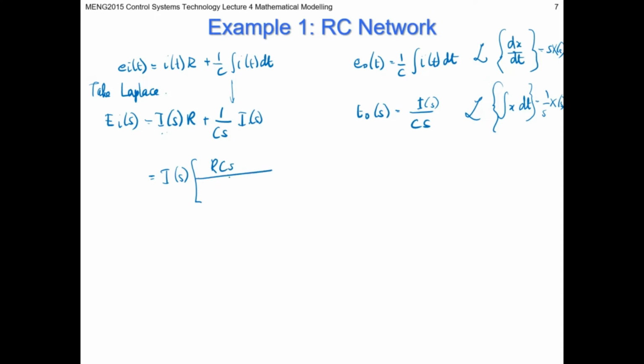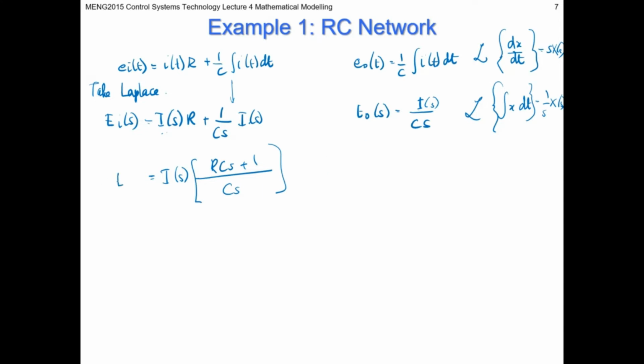So that gives us (RCs plus 1) over Cs in the denominator. And nothing changes on the output side.